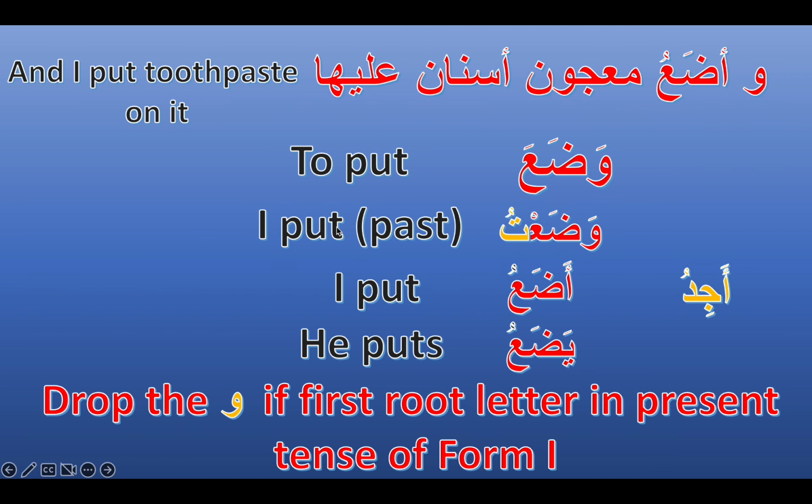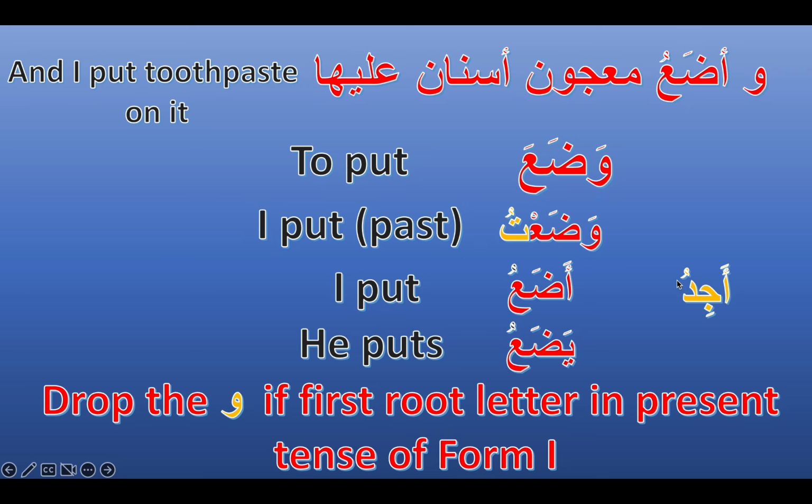وأضع معجون أسنان عليها. So وضع is to put. I put in the past, وضعت. However, just like we saw with وجد, to find, when wow is the first root letter in the present tense of form 1, we drop it. So instead I put, it's not أوضع, it's أضع.